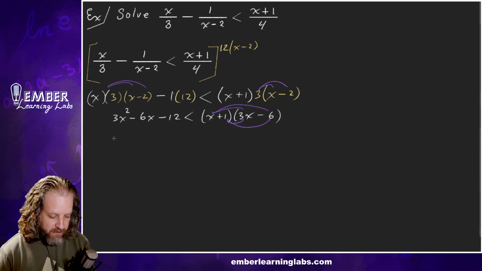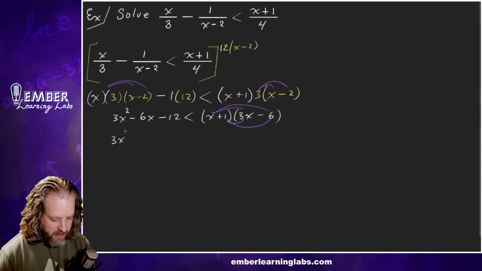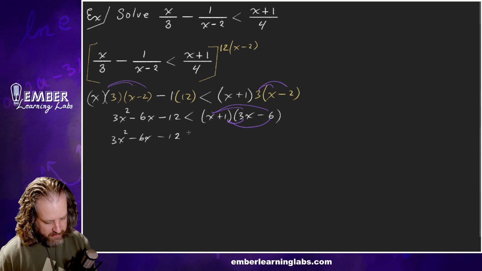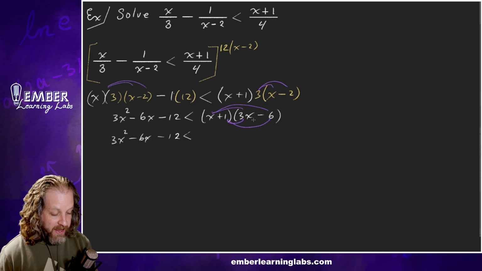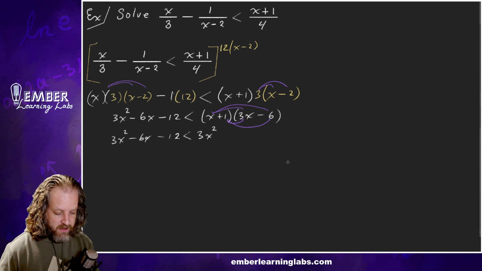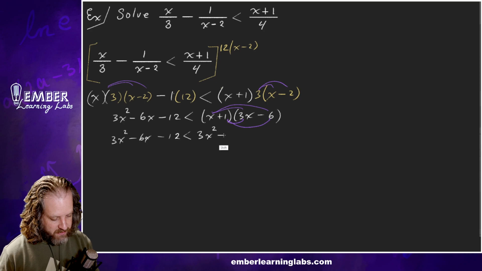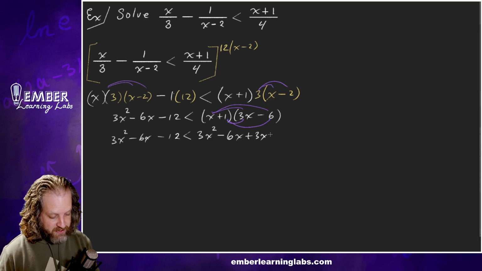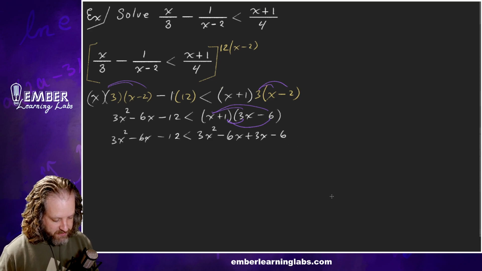I'm going to bring down all this stuff on the left. 3x squared minus 6x minus 12 is less than x times 3x is 3x squared. x times negative 6 is negative 6x. 1 times 3x is 3x. 1 times negative 6 is negative 6.